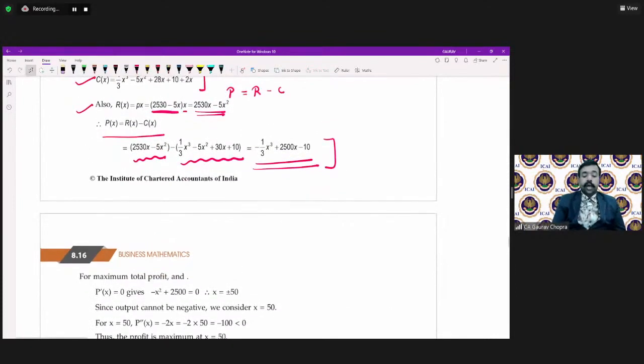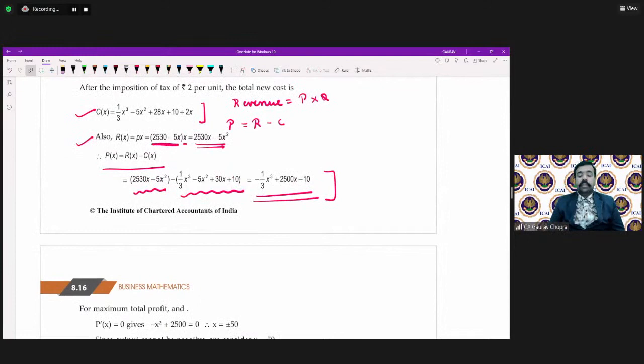Now, whenever we have to find out the value, we will take the derivative first. Here Px, that means the profit function, is minus 1 by 3 x cube plus 2500x minus 10. We take its derivative, P dash x.